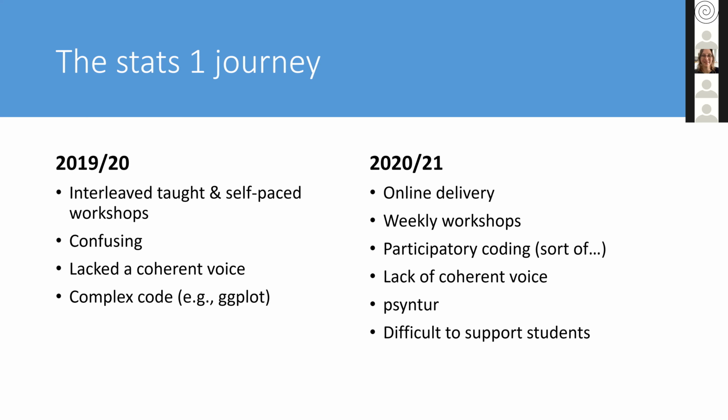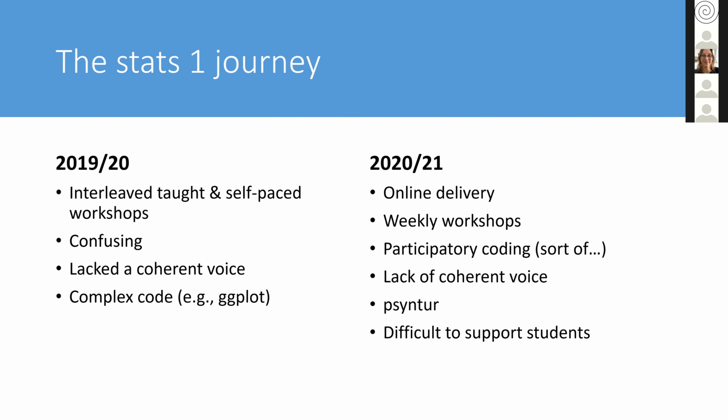And so we get stuck at the beginning of the workshop trying to solve problems when students hadn't loaded libraries or they couldn't import their data. So things that normally, if you had a teaching assistant or another lecturer in the room, they could go over and solve that problem relatively quickly, we were unable to do that because we were online.